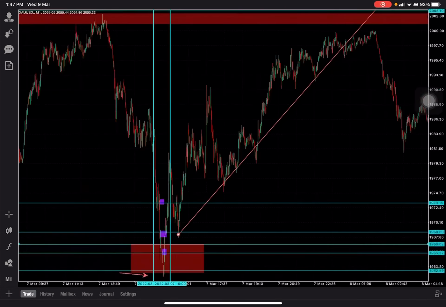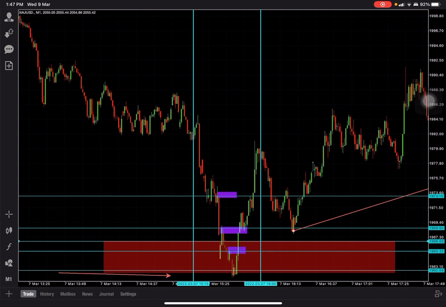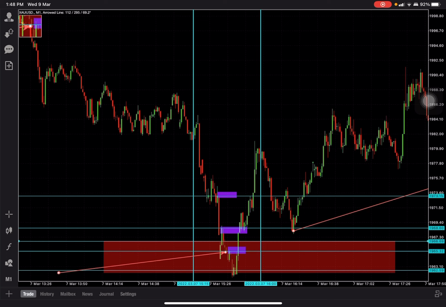Okay, so it's very simple. First you have to identify the supports, and then when the price comes to the supports, you need to mark resistance 1, resistance 2, resistance 3, and it broke all the resistances, and you take the zone that you have marked to place your buy orders.